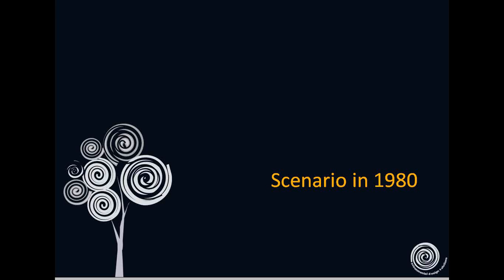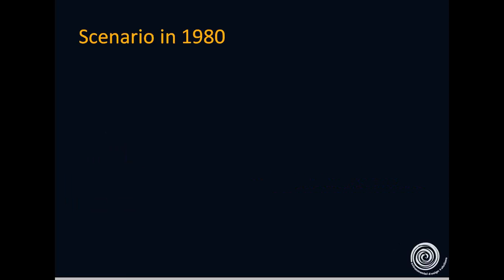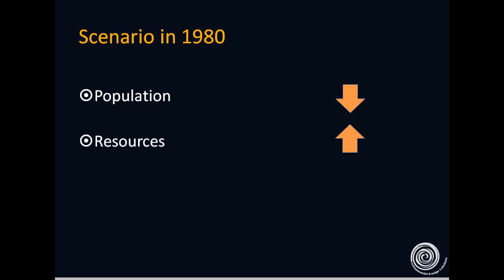Let us first look and understand how buildings and building design have changed over the past few decades. So let us evaluate the scenario that was there in 1980, approximately 3 decades ago. In 1980, the population was less. Resources such as water, energy, material, I would not say abundant, but were sufficient.